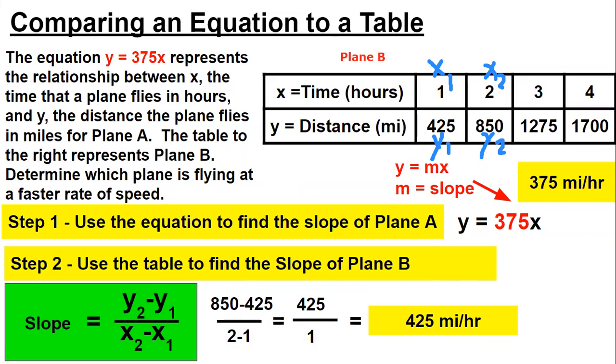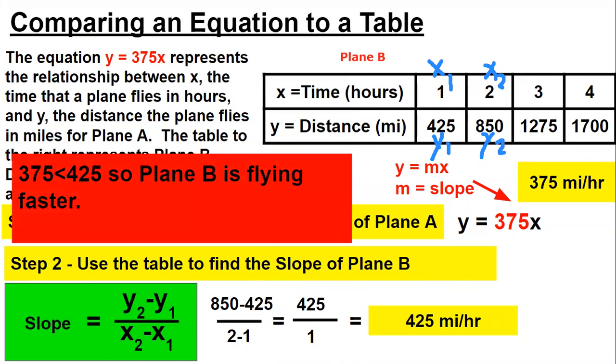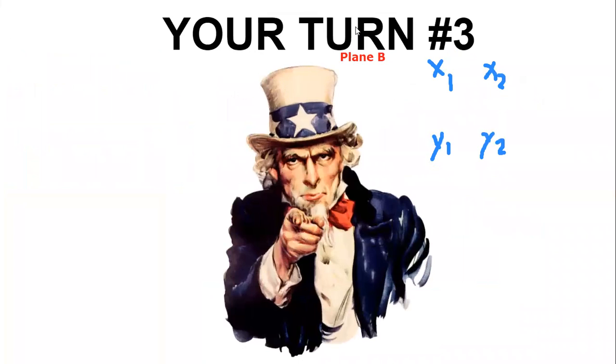So which plane goes faster, A or B? Exactly, 425 is greater than 375. So plane B is flying at a faster rate. Okay, so now it's your turn to try some of these problems.